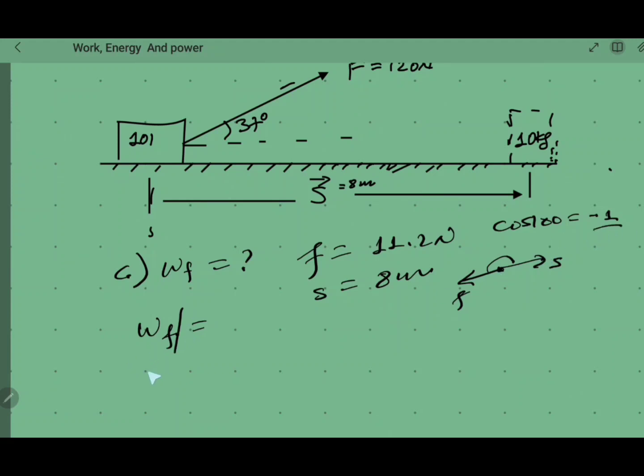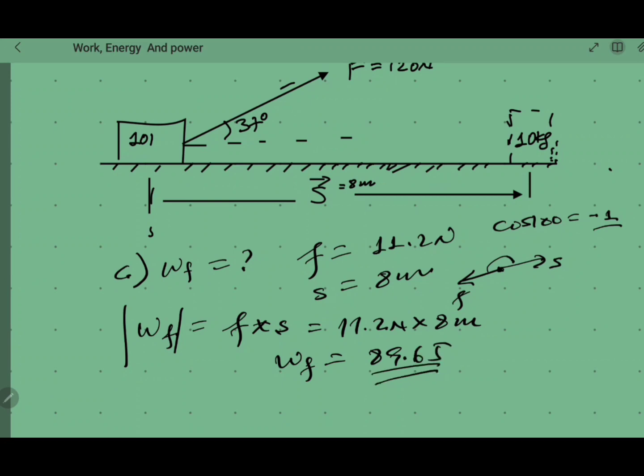This time we need the absolute value of the work done against friction, which is the frictional force times the displacement: 11.2 Newton times 8 meters. This gives 89.6 joule. That's the work done against friction.